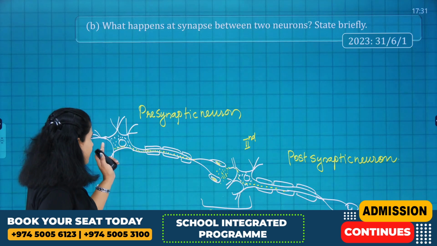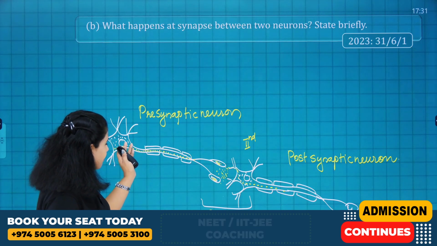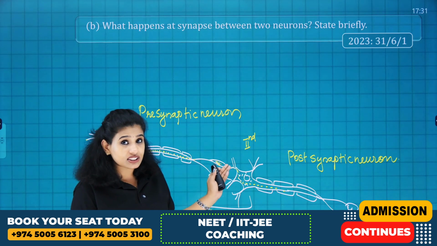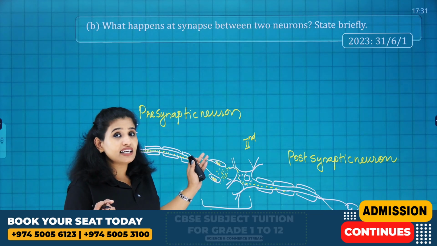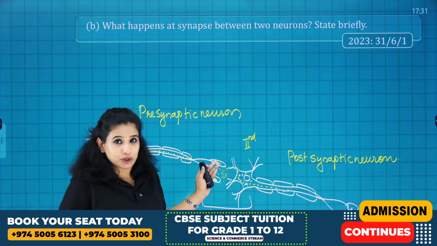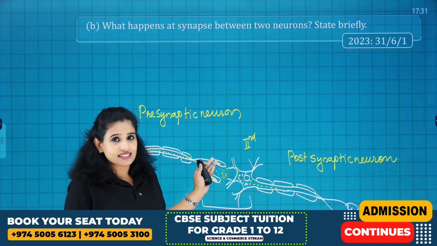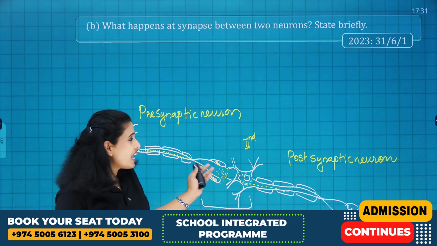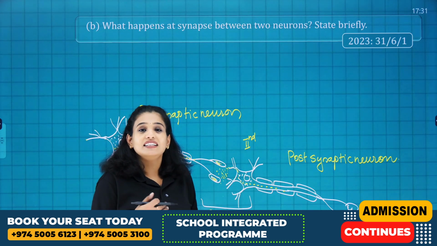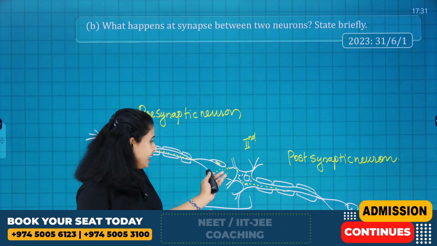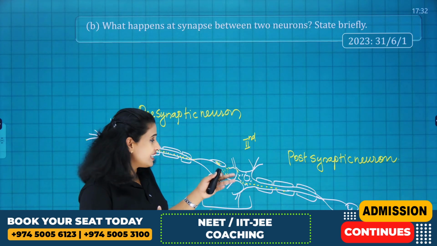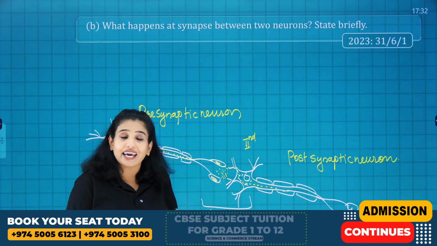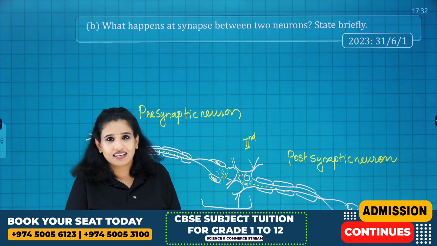So from presynaptic neuron, the impulses travel as electrical impulses, and when it reaches the junction, the electrical impulses are converted to chemical impulses, and that stimulates the next neuron, the postsynaptic neuron, again as electrical impulses.